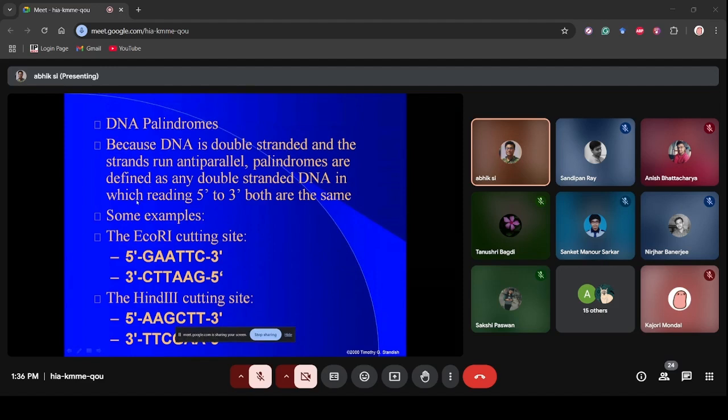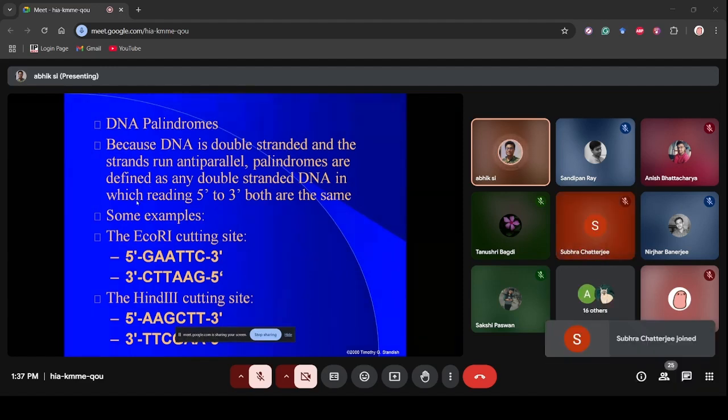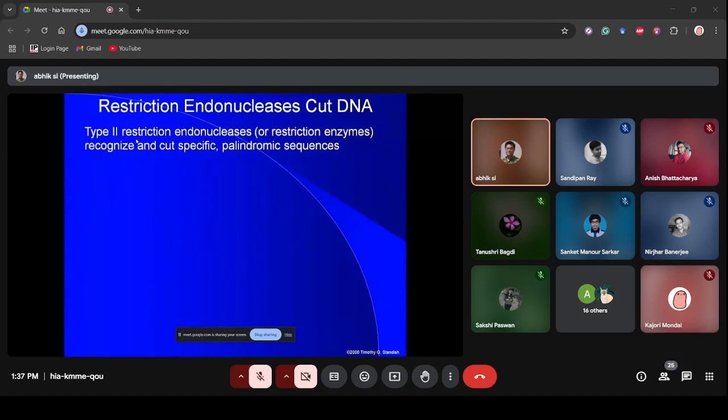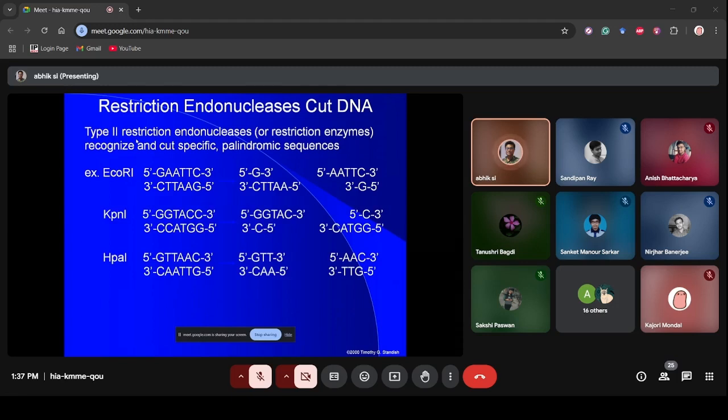There are hundreds of REs available, and they can recognize different sequences. So this is your nomenclature part. It is described that if there is a sequence GAATTC, then EcoRI will bind and two fragments will be produced, and the end of each fragment will be this and this.